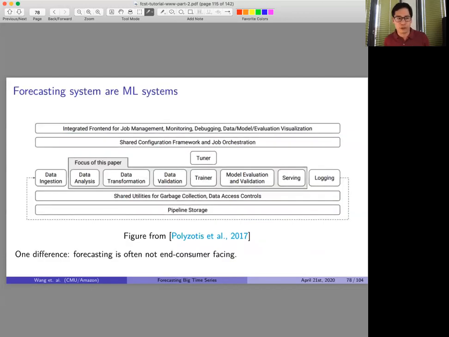And taking a step back, of course, forecasting systems are just machine learning systems, and there's nothing too different about forecasting systems from general machine learning systems. So many of the components that you would want to have in a general machine learning system, you would also have in forecasting, with the one difference that I mentioned before, that, different from recommendations, forecasting is not end consumer facing, but rather it's more like a business to business scenario.